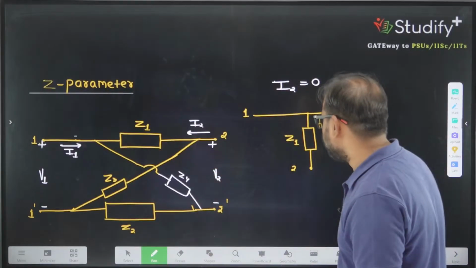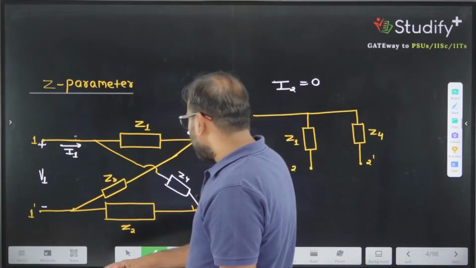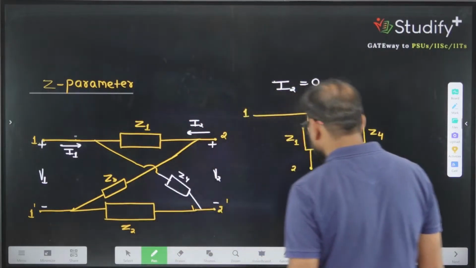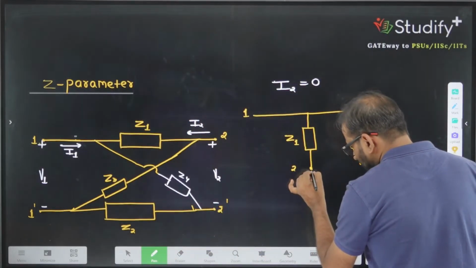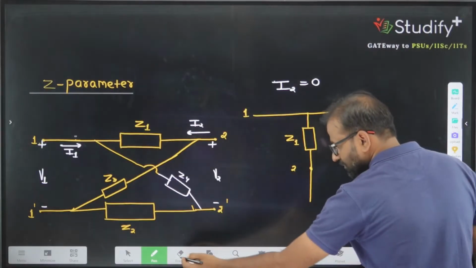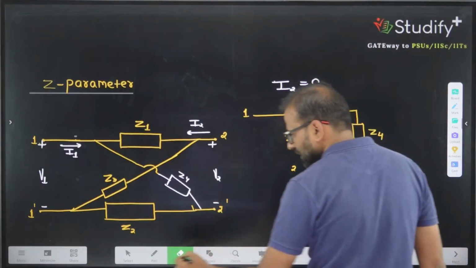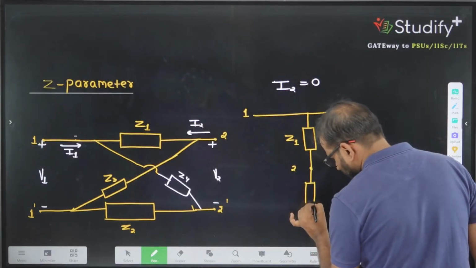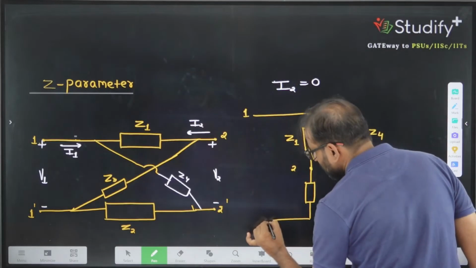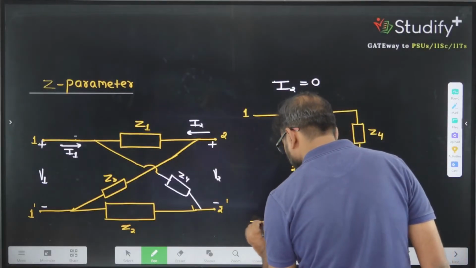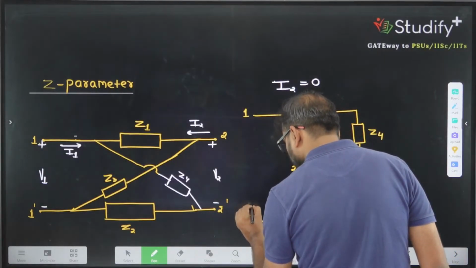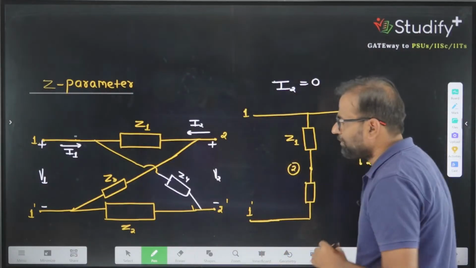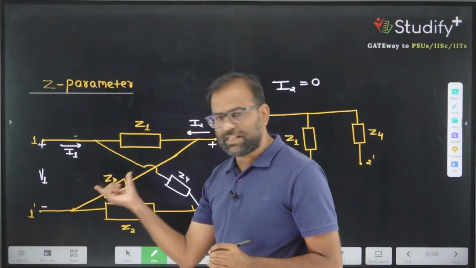What else is given? From terminal number 2 to 1 dash, a Z3 is connected.